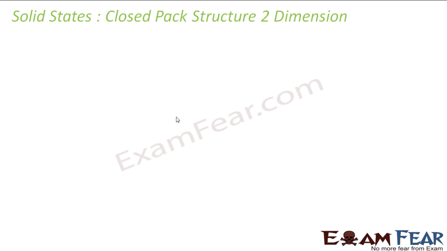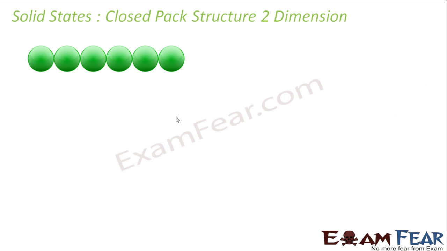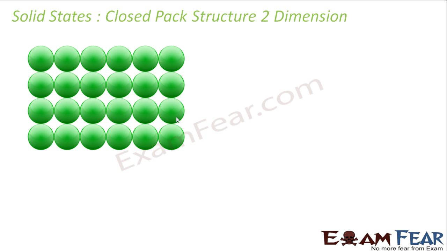Let's talk about 2 dimensional packing now. You have this 1 dimensional packing already done, so you can arrange in this fashion. Correct? In this case, you see a square here. The second row is placed in contact with the first row, and they are exactly above. Here also you'll see the same pattern.